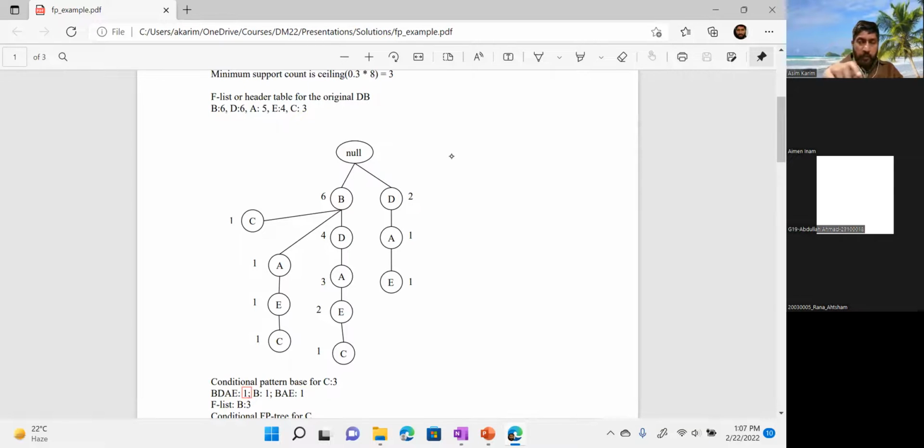So actually what happens is BDAEC occurs once, but we do not write C because it is the conditional pattern base for C. Okay? And the count for that, of course, is 1 from the tree, because C उस path में 1 आ रहा है.